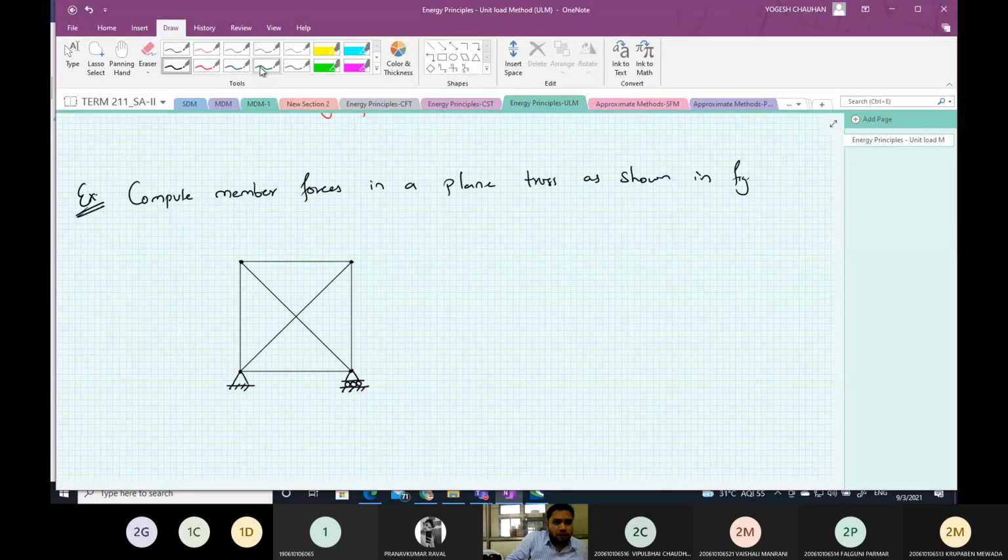The values given in the brackets are the cross-sectional areas of the members of the truss.